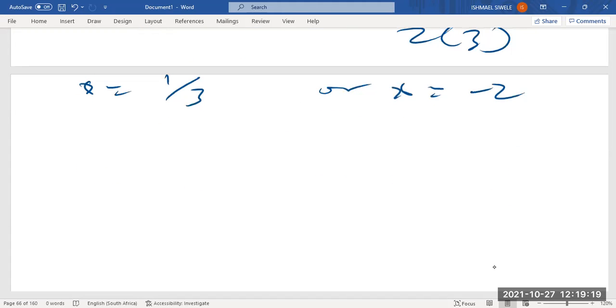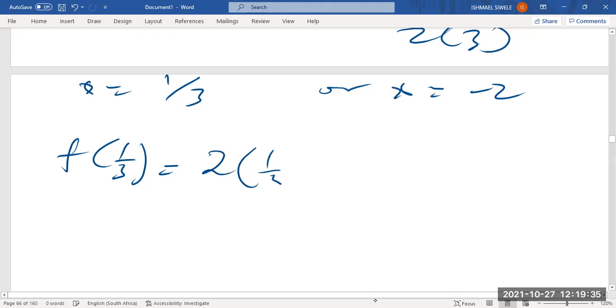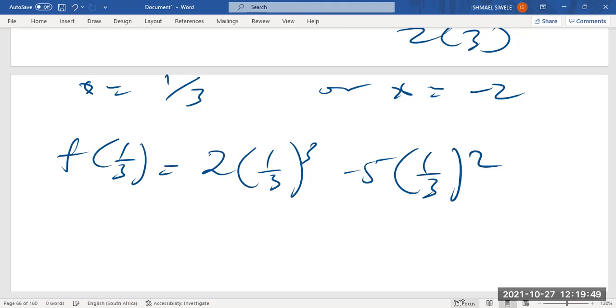So f of 1 over 3 will be equal to what? f of x is 2 times 1 over 3 cubed, minus 5 times 1 over 3 squared, minus 4 plus 3.